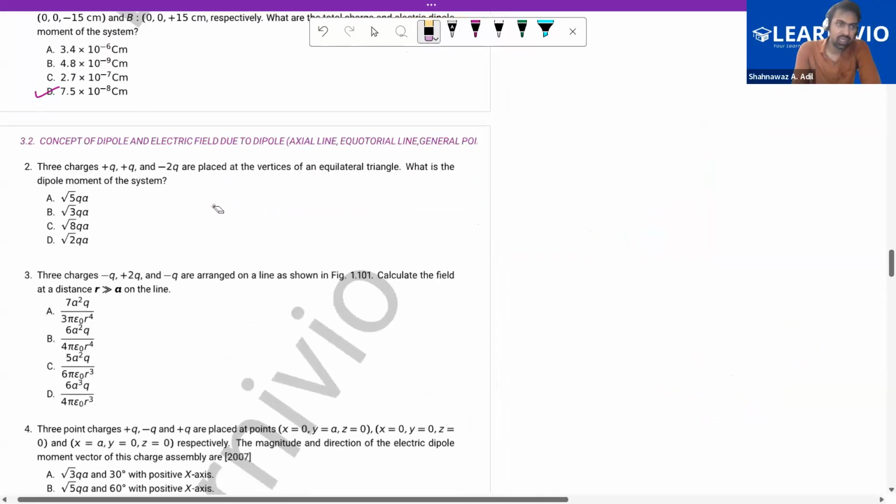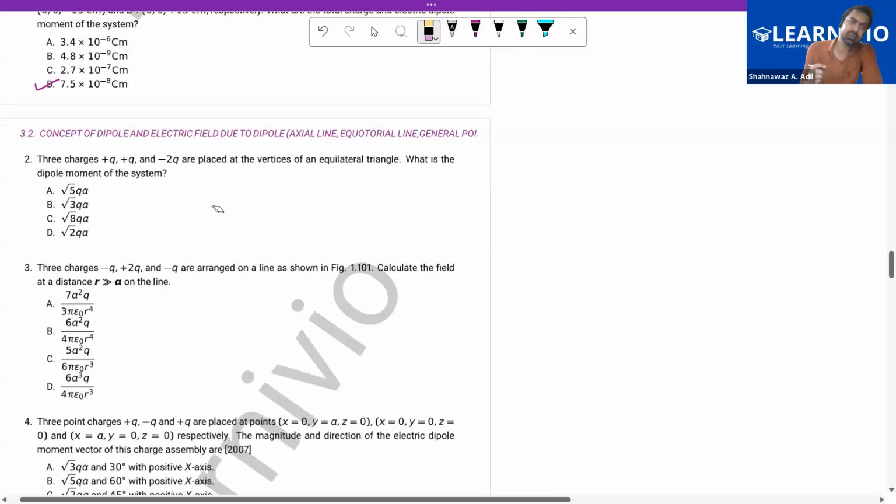So, three charges +Q, +Q and -2Q are placed at the vertices of an equilateral triangle. Let's say that this is an equilateral triangle, and let's talk about the axes.